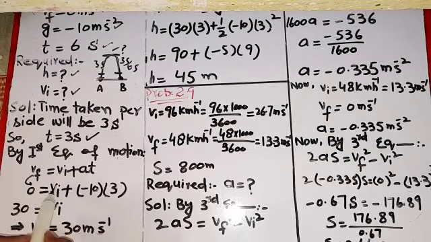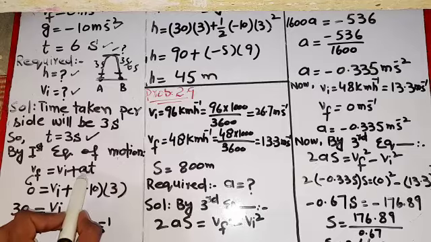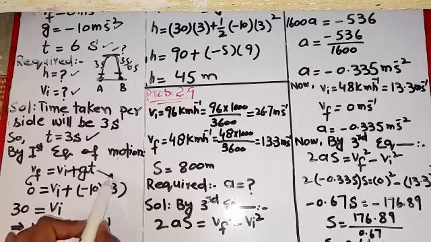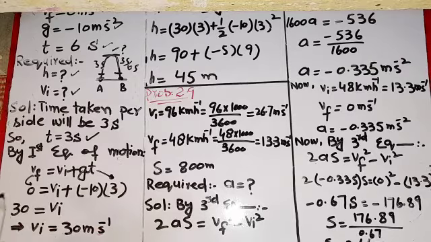We have to find Vi, the acceleration, that is gravity g, is minus 10, and the time is 3 seconds per side. Multiplying this gives minus 30. Minus 30 becomes plus 30 on going to the left side. So the initial velocity will be 30 meter per second.